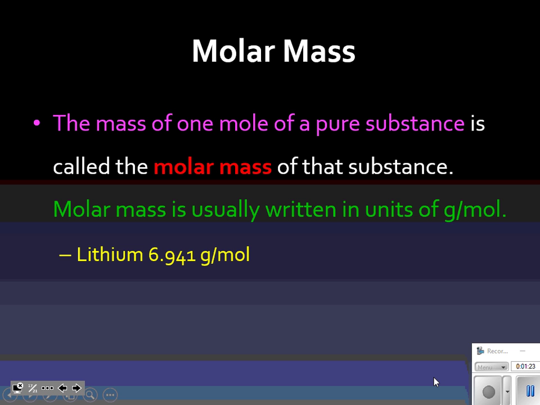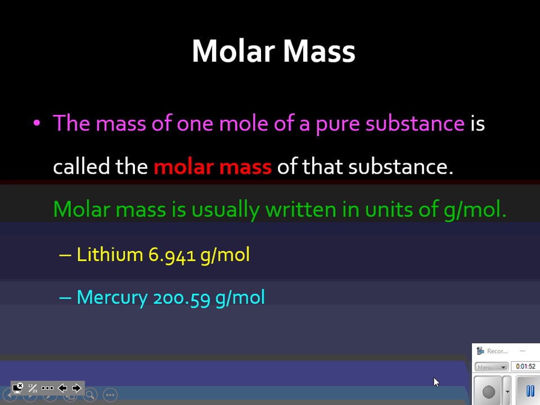The mass of 1 mole of lithium is 6.941 grams per mole. What does that number represent? Yes, ladies and gentlemen, once again, that is the atomic weight, the red number at the top of the box on our periodic table.